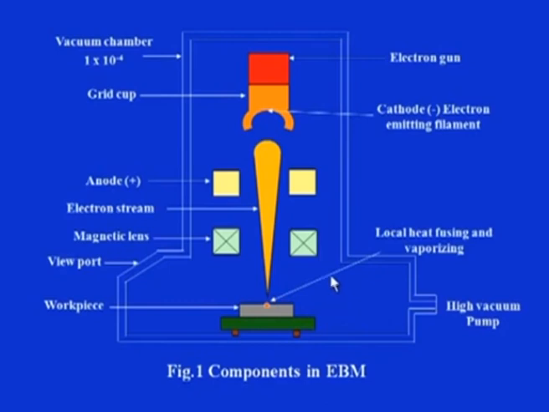In this setup, a tungsten filament cathode is heated to about 2500 to 3000 degrees Celsius in order to emit electrons. The effect is measured by the emission current, which is 20 to 100 milliampere in magnitude, and its density is between 5 to 15 amperes per centimeter squared.